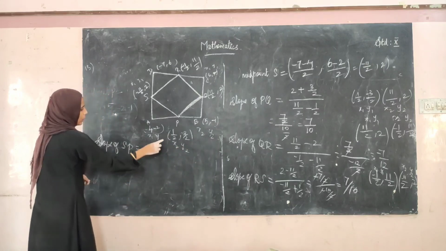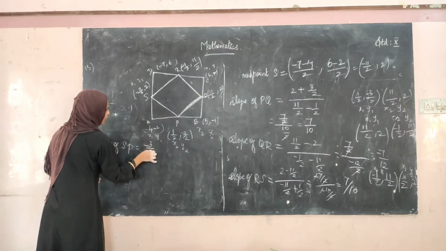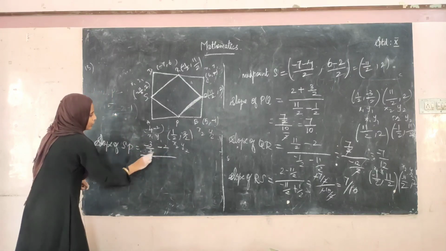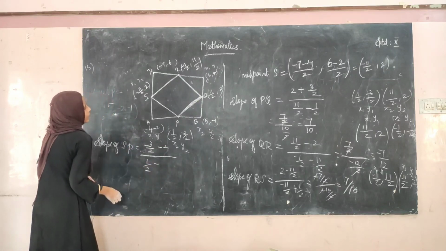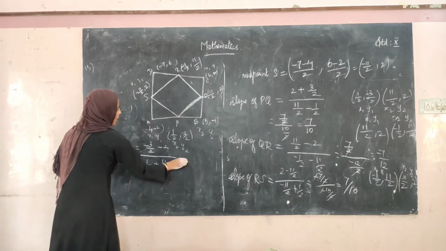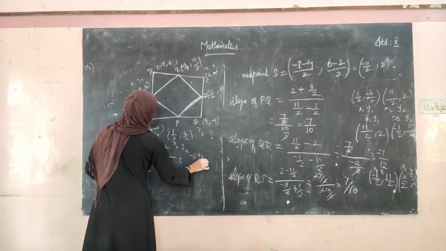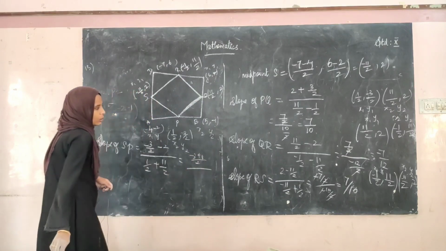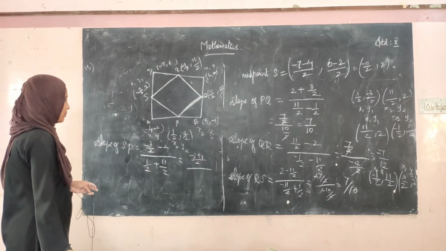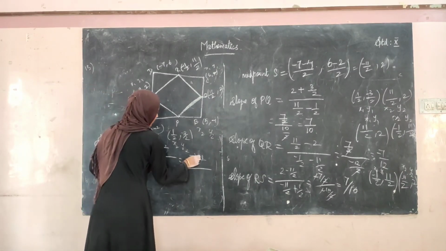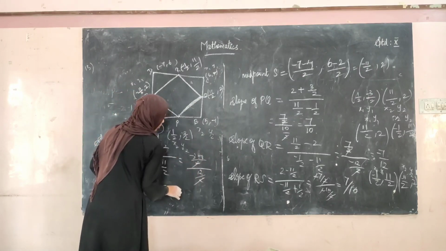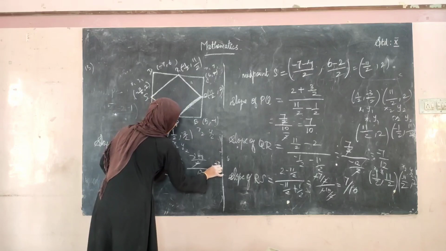So y2 minus y1: y2 here is minus 3 divided by 2 minus y1 is 2, divided by x2 minus x1. x2 is 1 by 2 minus what is x1? x1 is minus 11 by 2, so plus 11 by 2, which is equal to minus 3 minus 4, right? This is minus 7 divided by 12, so this 2 and this 2 get cancelled.